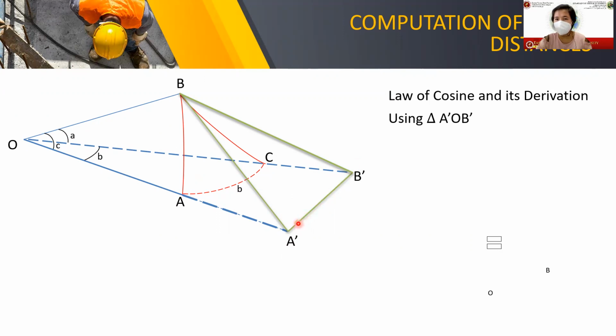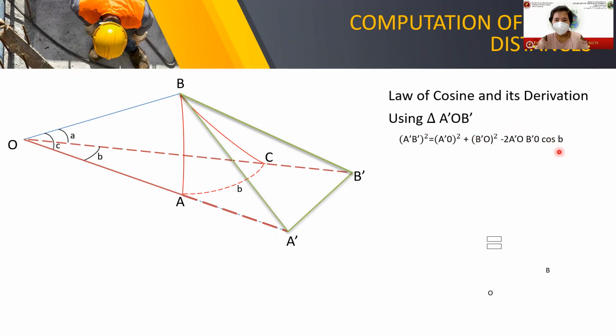We can compute this using the law of cosine for the plane: A prime B prime squared equals A prime O squared plus B prime O squared minus 2 A prime O B prime O cosine B. So what is this equation?